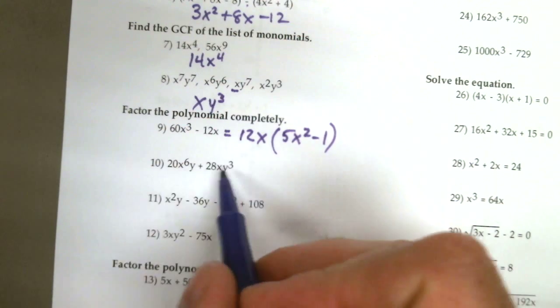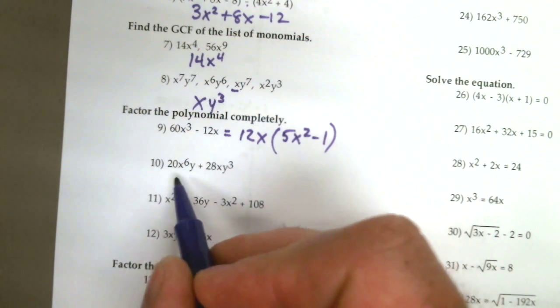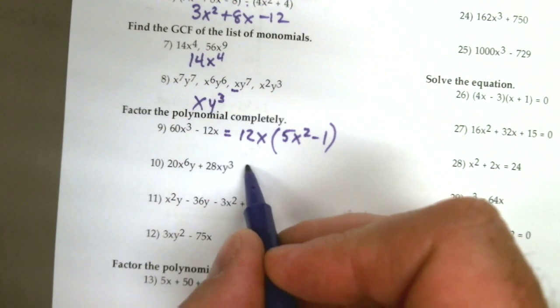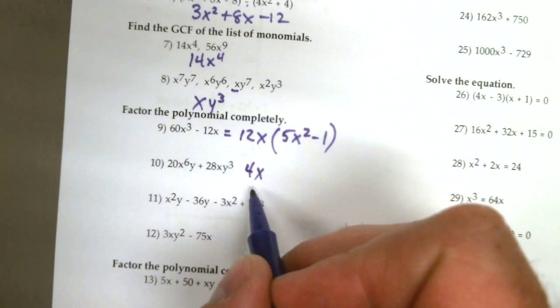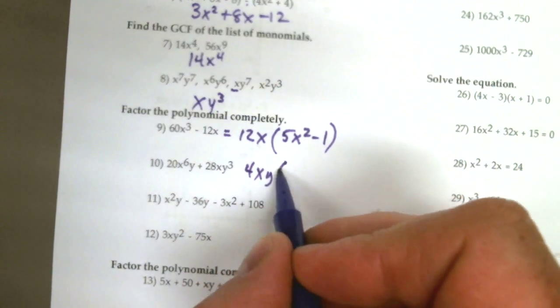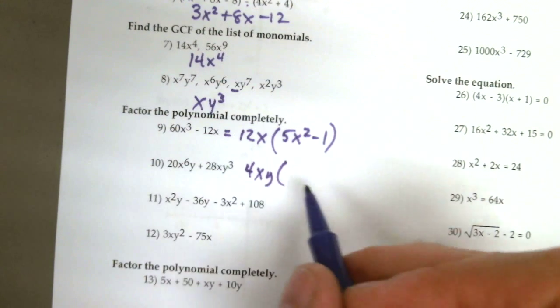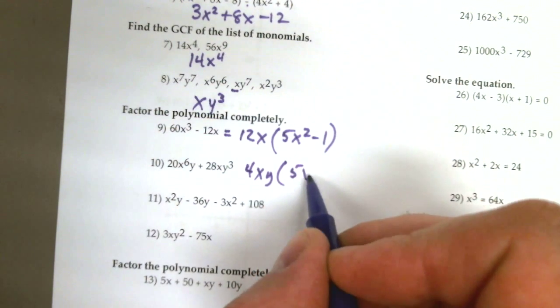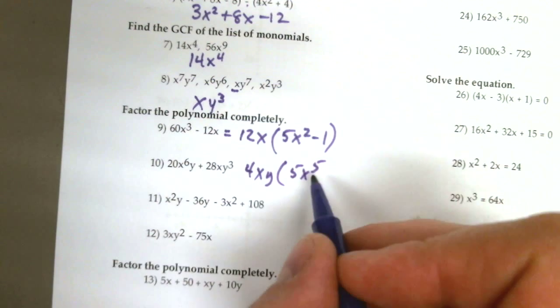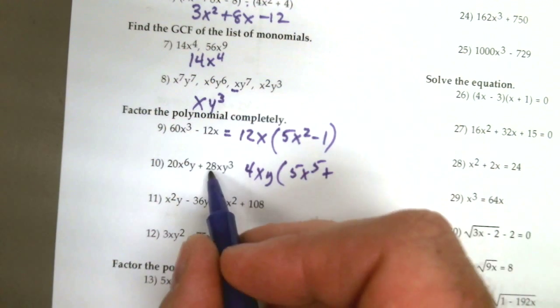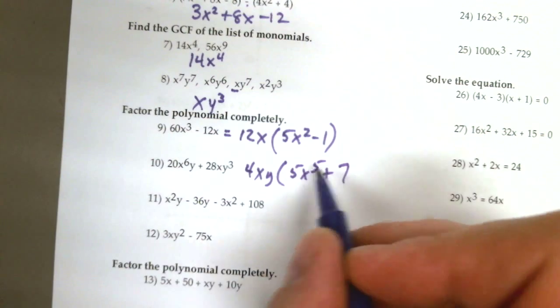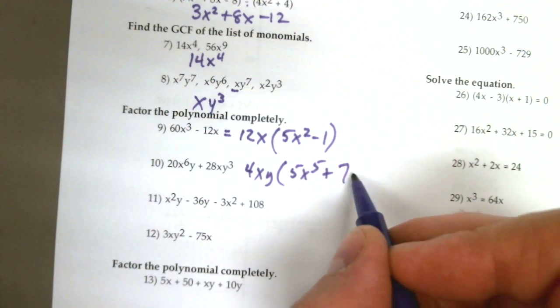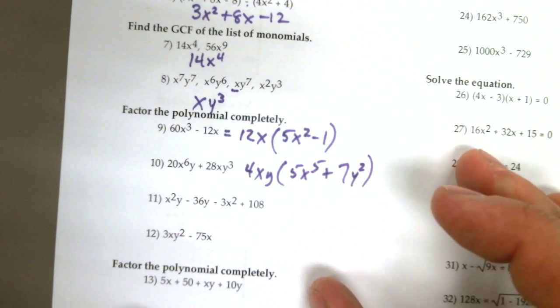For number 10, our greatest common factor that we can factor out of both of those looks like a 4, an x, and a y. If I divide my first term by 4xy, I get 5x to the 5th plus 28 divided by 4 is 7. The x's cross out, and I'm left with y squared.